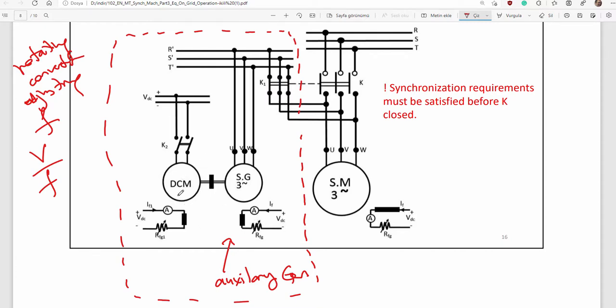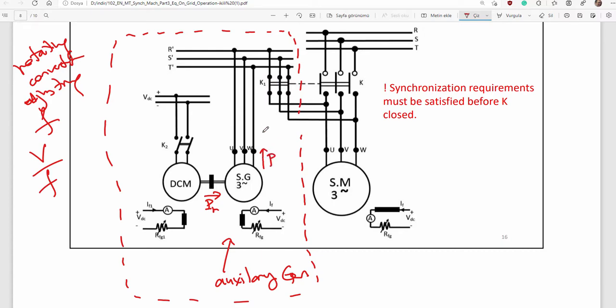For example, here is a DC motor. You don't know how it operates, but you apply some mechanical power here, and then that mechanical power will generate some electric power here.